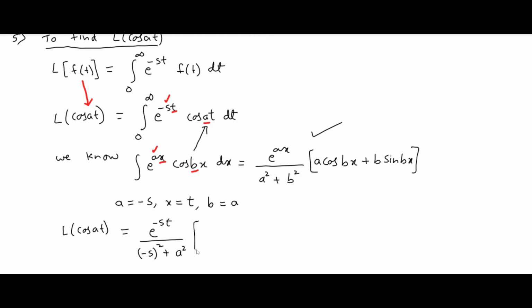Times of a value is minus s cos of b value is a, x value is t, plus b value is a sine of b value is a, x value is t, and limit values over here are nothing but 0 to infinity.